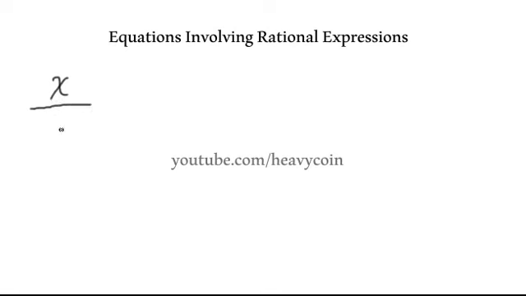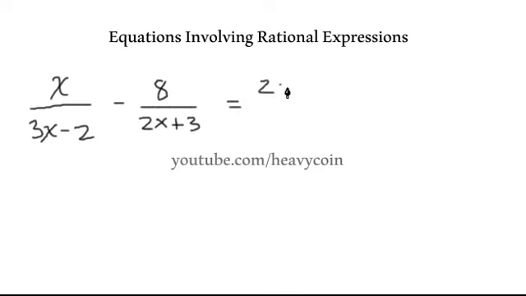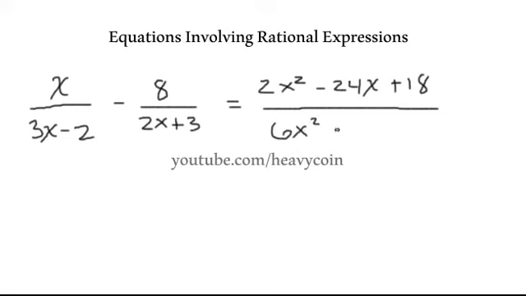We're going to have x over 3x minus 2, minus 8 over 2x plus 3, and that's going to be equal to 2x squared minus 24x plus 18 over 6x squared plus 5x minus 6.